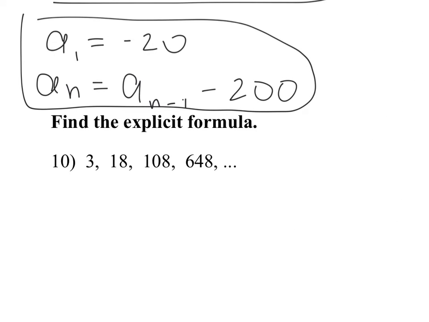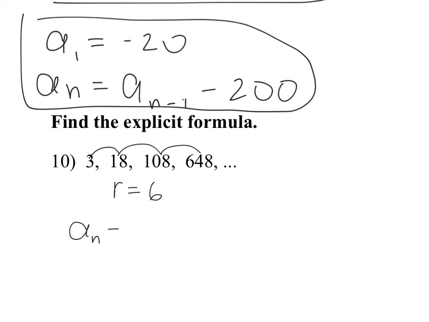Okay, this one just wants an explicit formula from 3 to 18 to 108 to 648. Looks like there's a common ratio. We're multiplying by 6. Now, the explicit formula for a geometric sequence, which has a common ratio, is patterned after an exponential function.